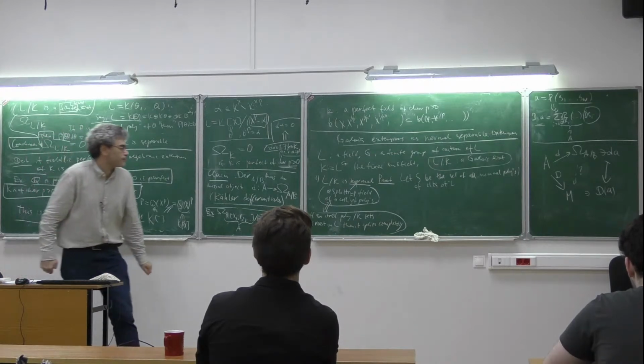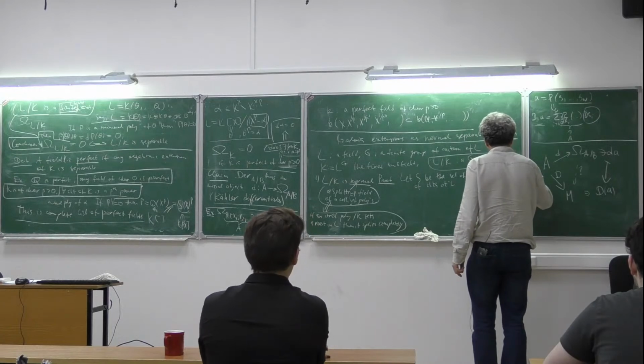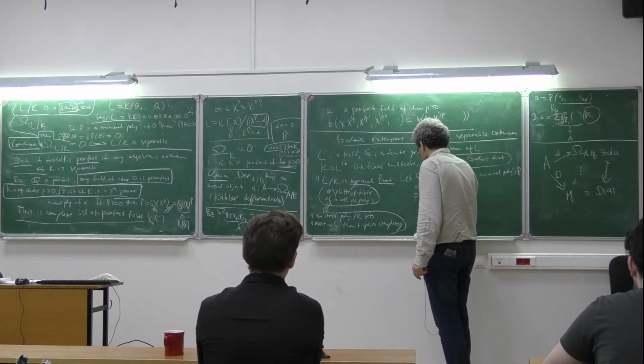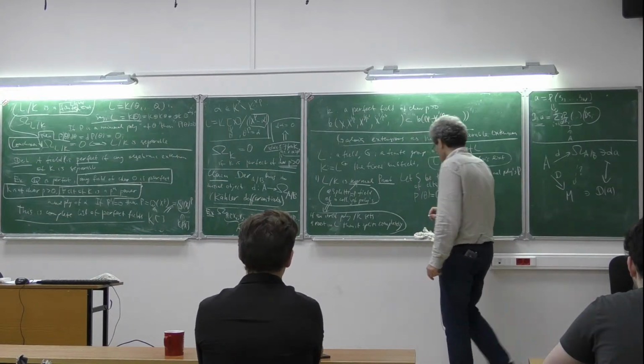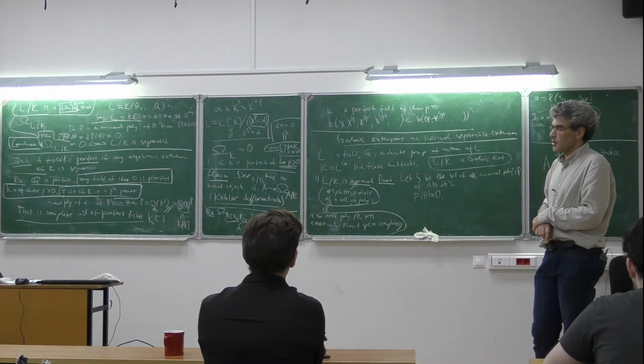So we take some minimal polynomial p, so p of theta, for instance, is 0. Why does p split completely?